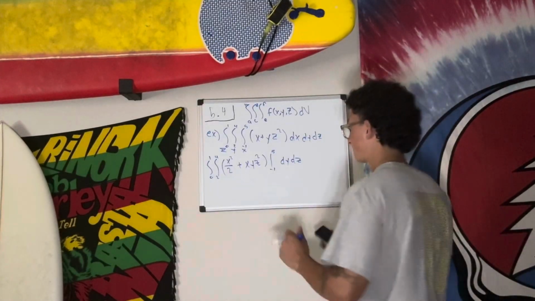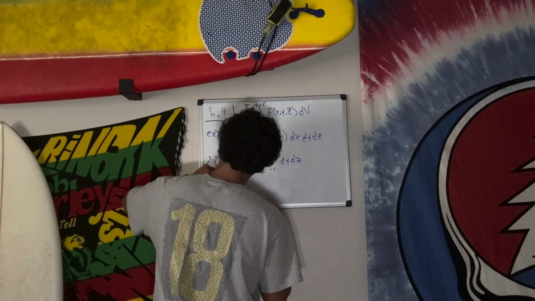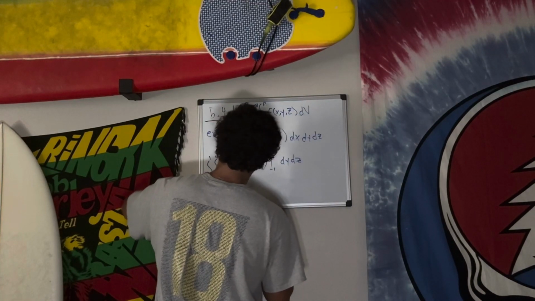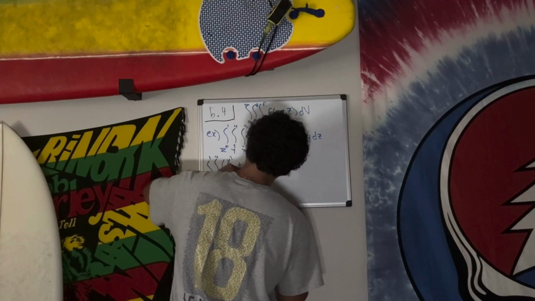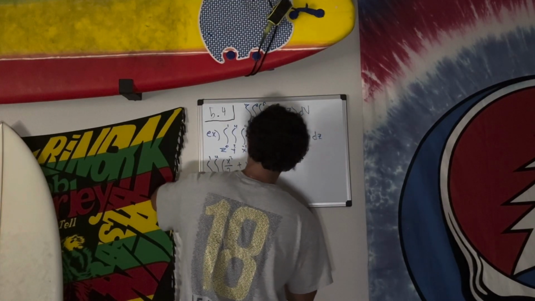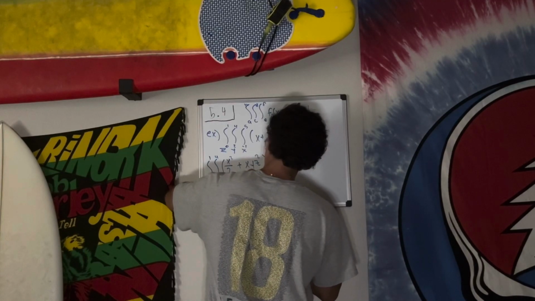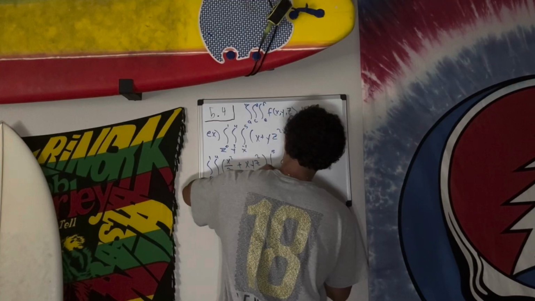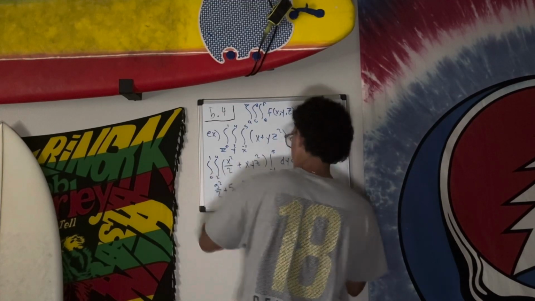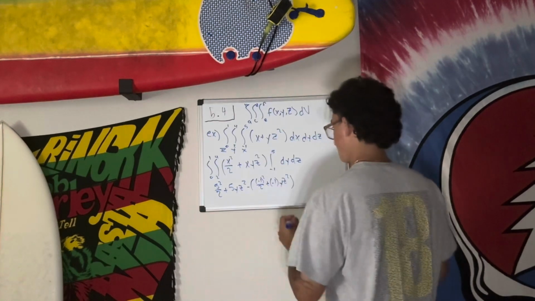integration, okay? So we plug in the 5, so we'll get 5 squared over 2 plus 5yz squared minus -1 squared over 2 plus -1 yz squared, okay? This is the equation that we will be given based on the bounds.